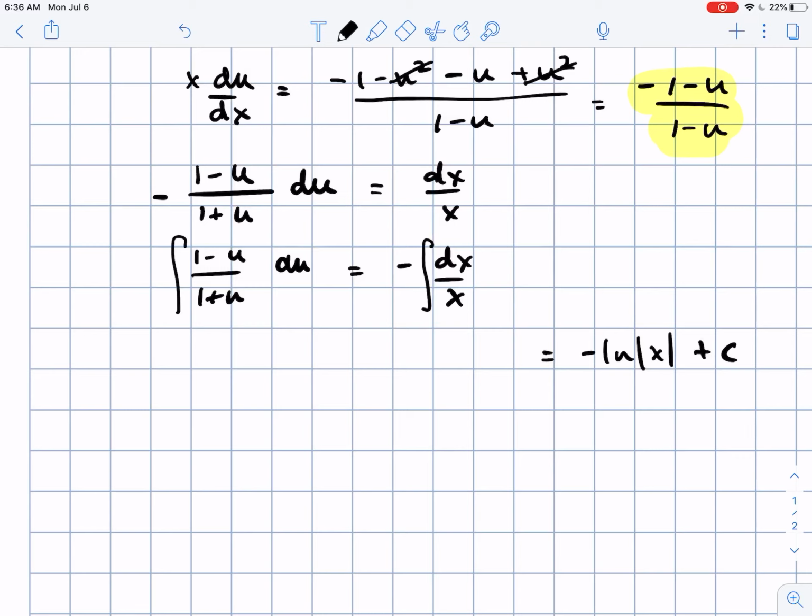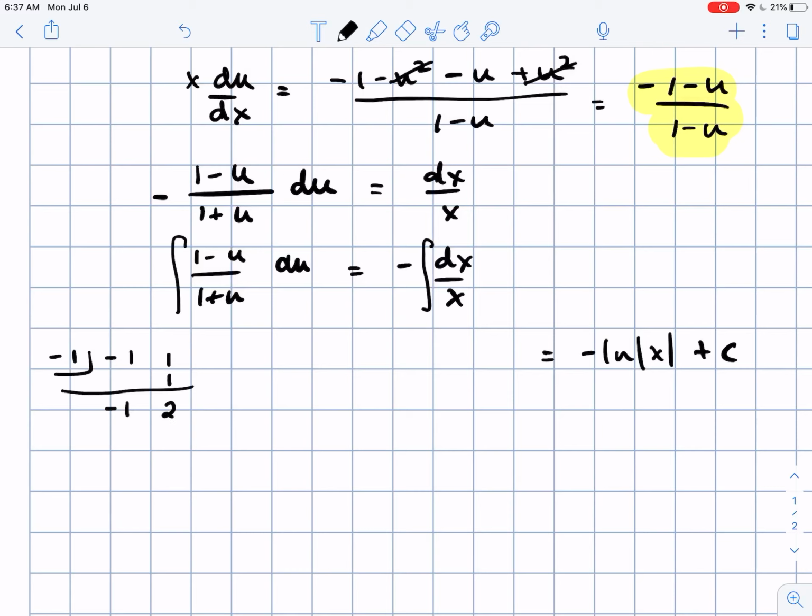Okay, over here, I'm going to use long division or synthetic division to simplify this, right? So think about synthetic. It should be a -1, and then your coefficients will be -1 and +1, right? So we would get a -1, and this would be a +1, so this is 2.